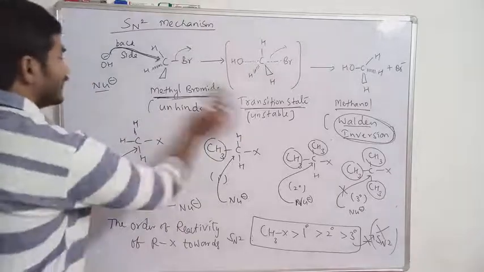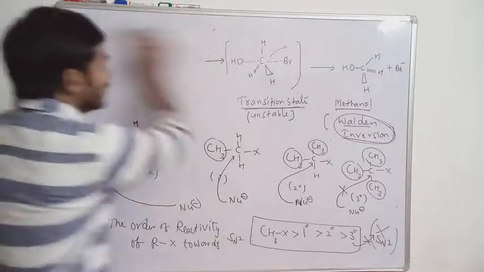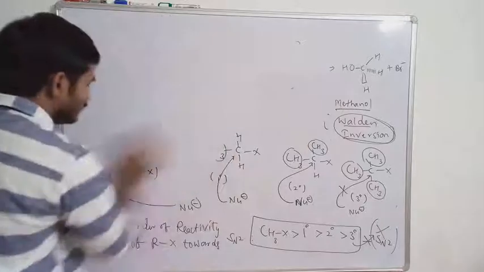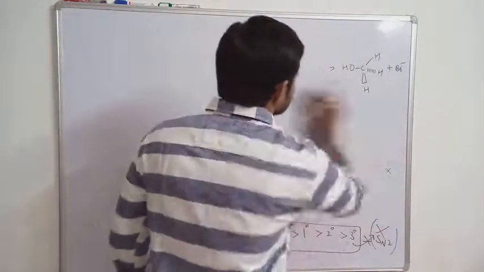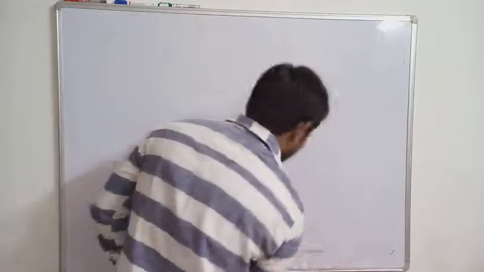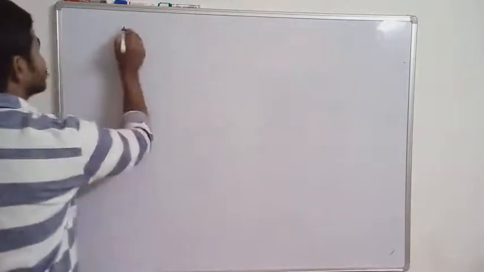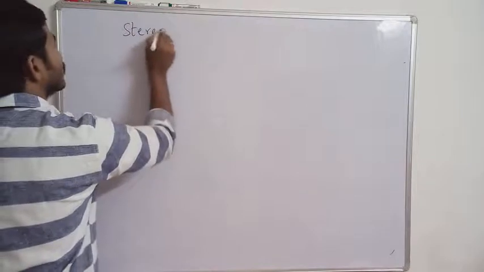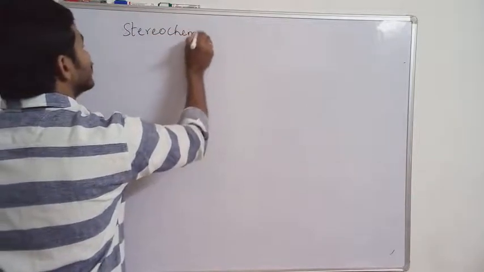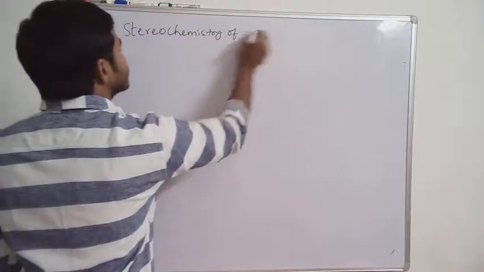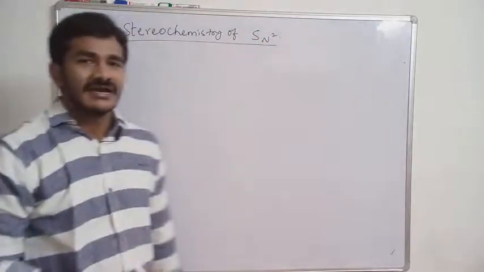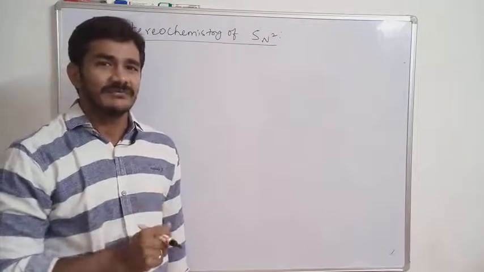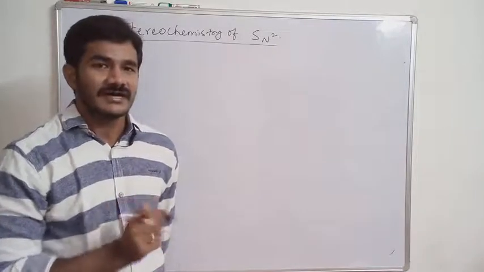Now I will take one example which explains the stereochemistry of the SN2 mechanism. To understand the stereochemistry of SN2, I am taking one optically active compound which must contain a chiral carbon.